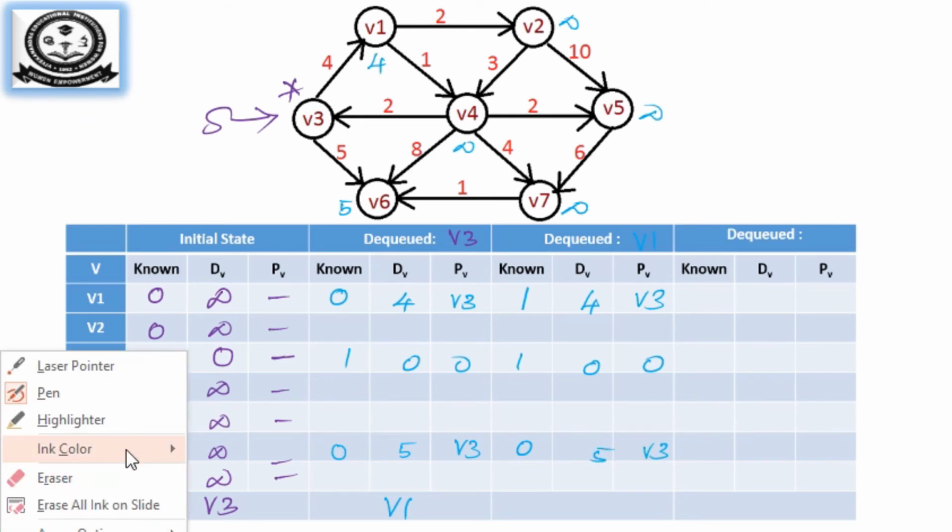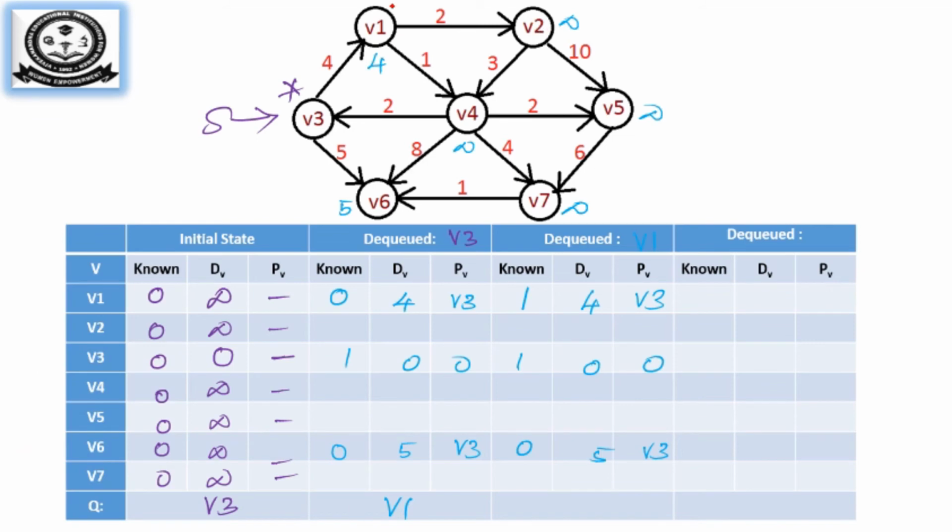Now we will see the updates. From V1 I can go to V2 with a weight of 2. So 4 plus 2, already 4 is calculated. So for coming from V3 to V1 you have a distance of 4. From V1 to V2 your distance is 2. So it is going to be 4 plus 2, it is going to be 6, and my previous vertex is V1.